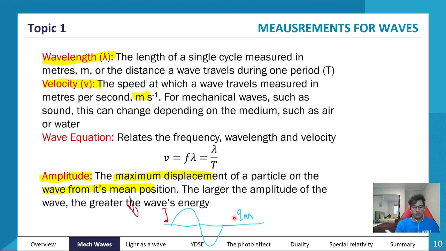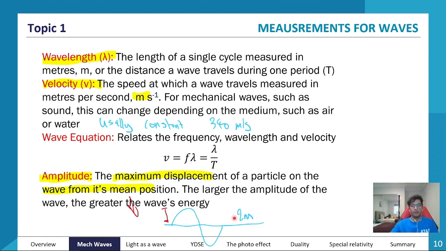The thing about velocity is that it's usually constant. The velocity of sound waves is about 340 meters per second. You don't need to know that, but it's usually around that.